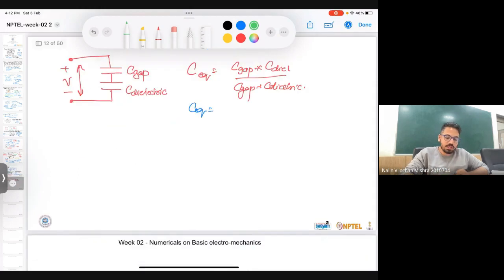Now please calculate the C equivalent. The separation here is given as X and the separation here is given as D. The area is same A.